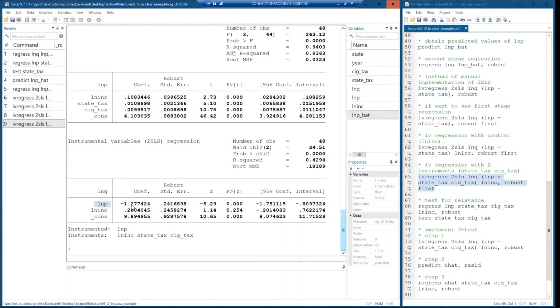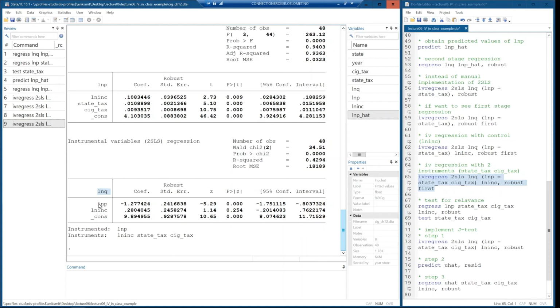And we see here that if we include the cigarette tax instrument, our estimate of the causal effect of a percentage change in price means that the percentage quantity will change by 1.27 percentage points in the opposite direction.